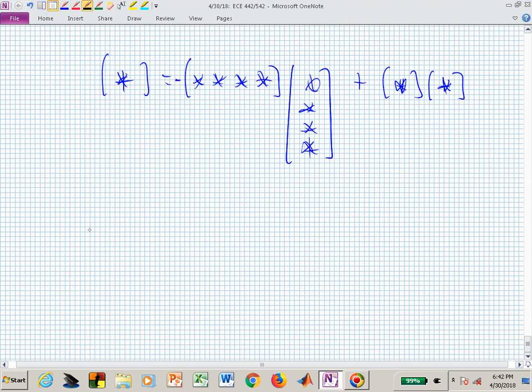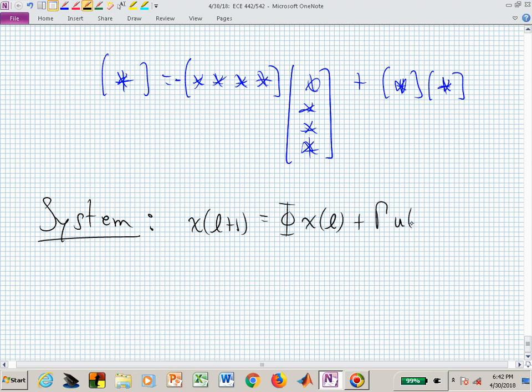If we work through that, here is our original system. That's x of k plus 1 is equal to phi x of k plus gamma u of k. That's the model of our system. We now want our input to not only tell our system how to behave, but where to go.